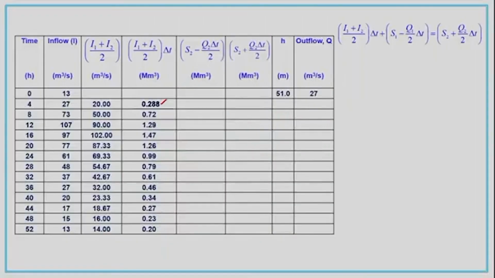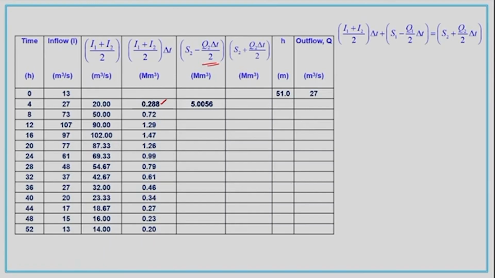Corresponding to that, what storage is there and also outflow is there, that is considered as the outflow Q and storage for time t equal to 0. So, the H is 51 meters and corresponding Q is 27 meter cube per second. Based on these values and the storage corresponding to 51 meters, we will calculate the value of S2 minus Q2 delta T by 2, that is coming out to be 5.01 million meter cube.